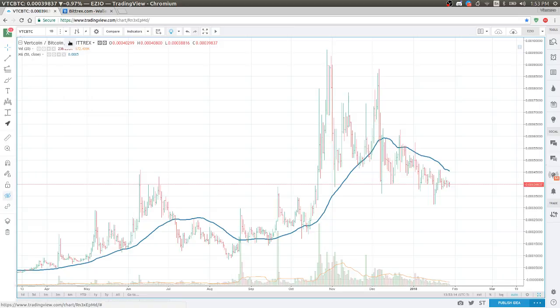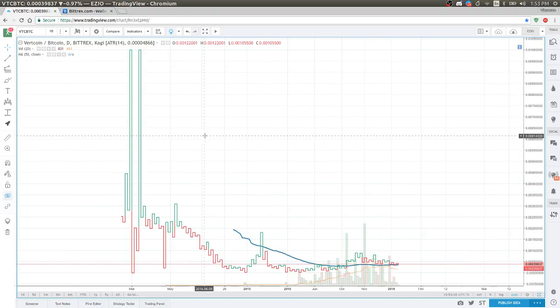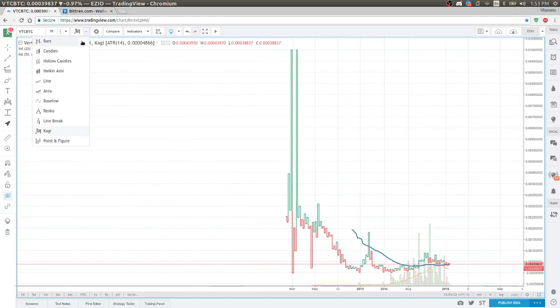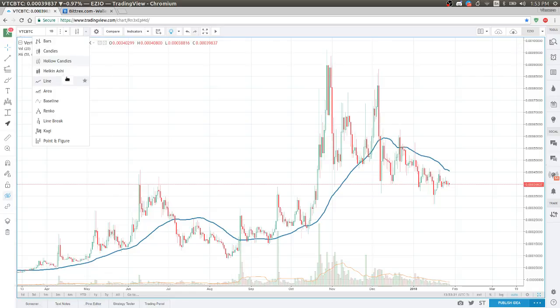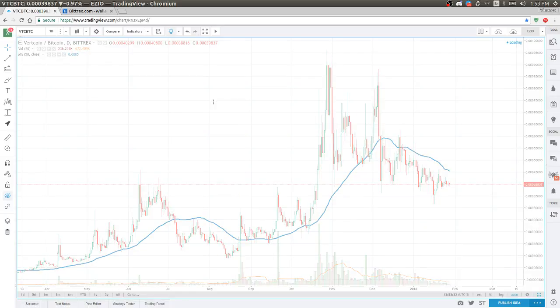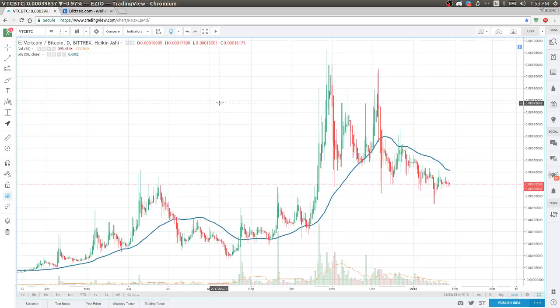Some people use bars, not my style. You can really use whatever you feel. Hollow candles, that's a mess. It depends what kind of trading you're doing, but I need to be able to see stuff quick, because this is crypto. I need to know, boom, boom, boom, right away, trade stuff, and it's fast.